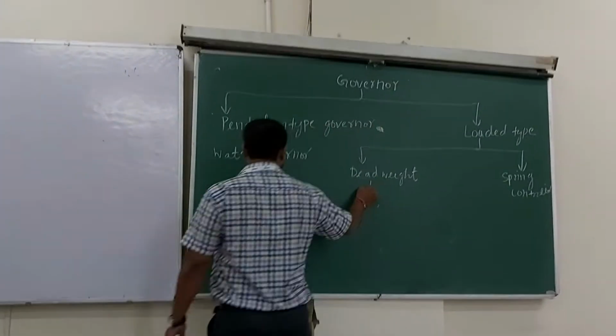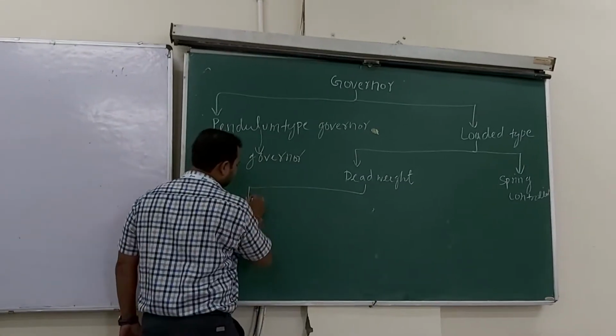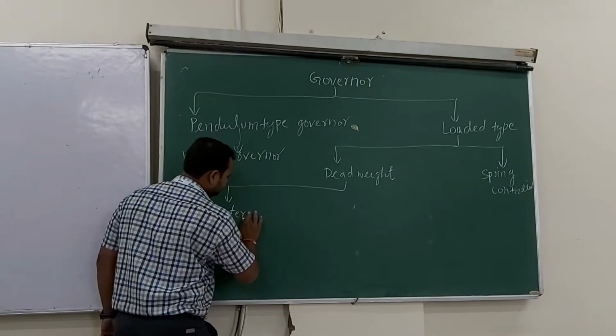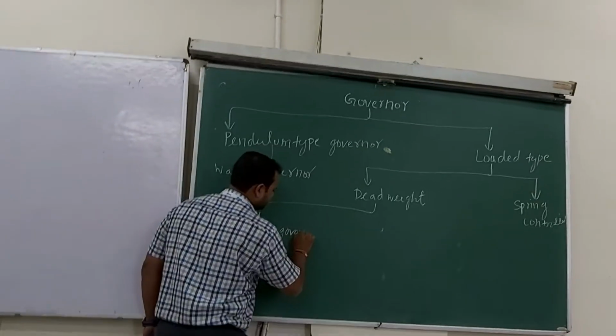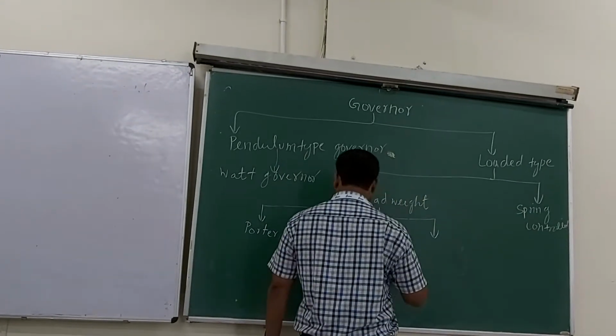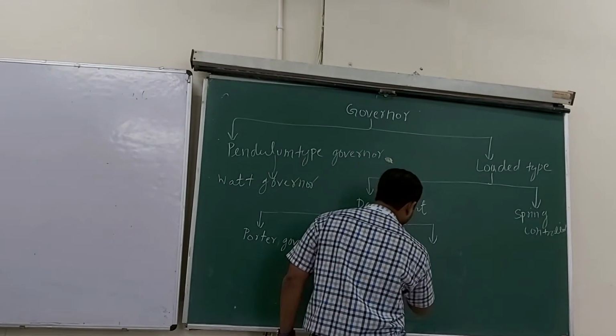In the dead weight governor, we study two kinds of governor. The first one is the Porter governor, and the second one is the Proell governor.